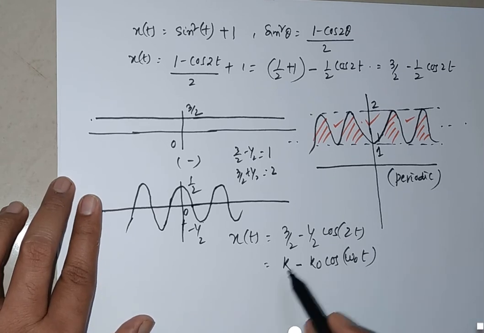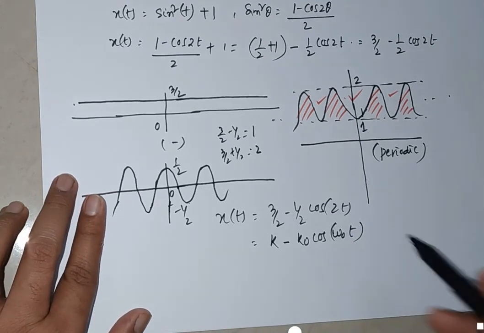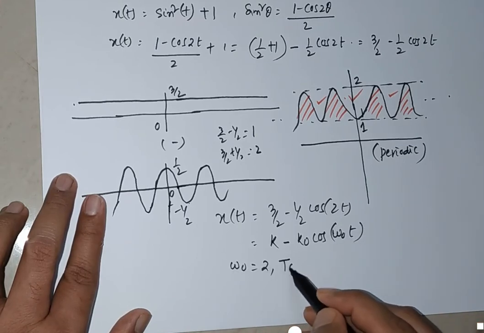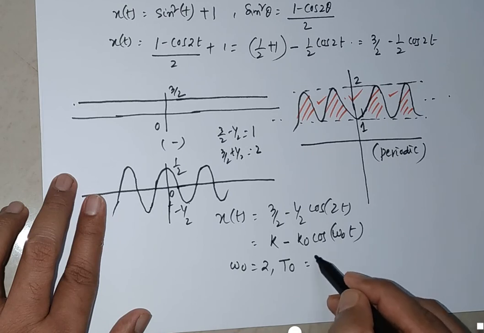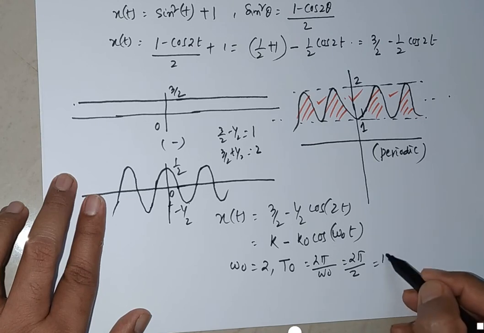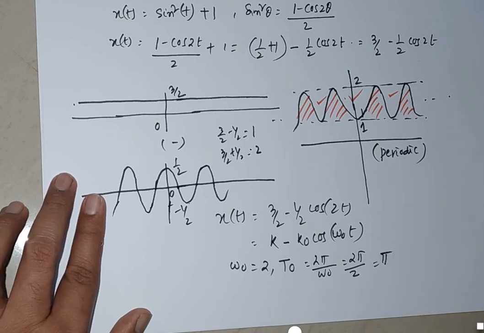So this is a fixed constant, it will not play a role in finding the period of the signal. Now what is omega 0? Omega 0 is 2. Then what is the fundamental period? T0 equals 2 pi by omega 0, that equals 2 pi by 2 equals pi. This is the fundamental period of the signal.